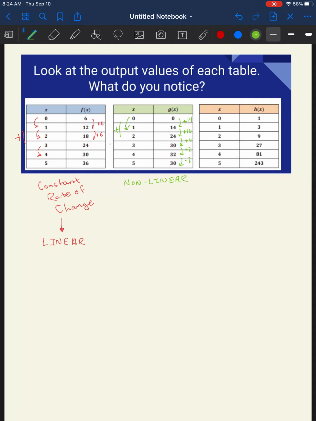And you probably don't see the pattern right now, but there is one there, and we'll talk about it down the road later in the semester. But this is actually a specific type of nonlinear function. It's called a quadratic function. Okay? And it's going to have that U shape when you graph it, or that parabola.